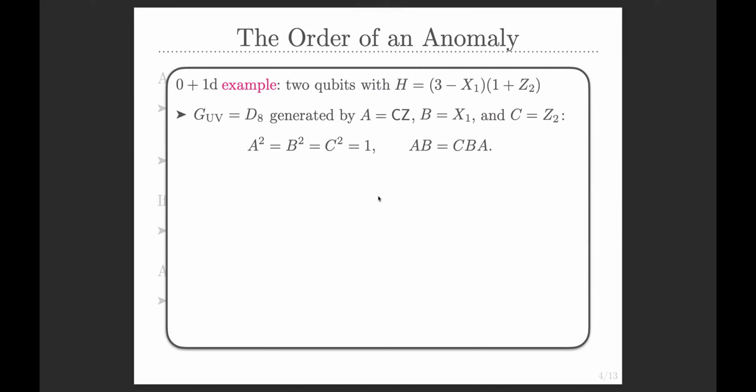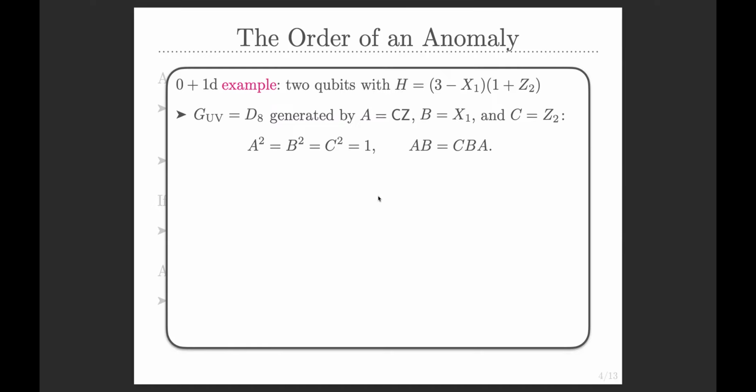This Hamiltonian has a D8 symmetry generated by these 3 operators. CZ is the controlled Z gate: it equals 1 unless both qubits are down, in which case it equals -1.